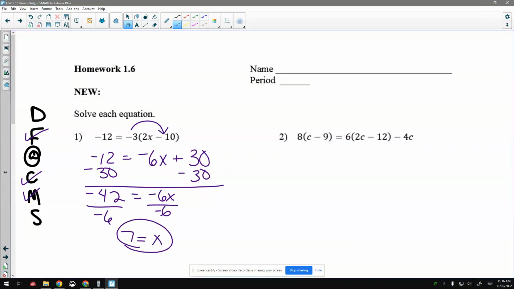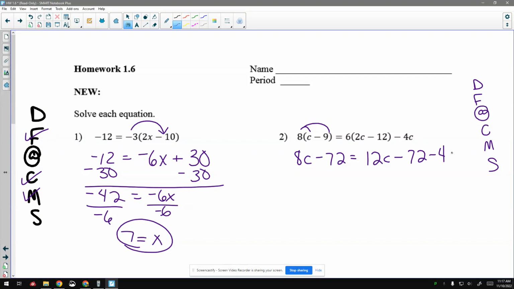Number 1 is 7. Oh my gosh, look at the fun of this one. We're going to distribute. 8c minus 72 equals 12c minus 72 minus 4c. There's no fractions. We're going to now combine like terms.